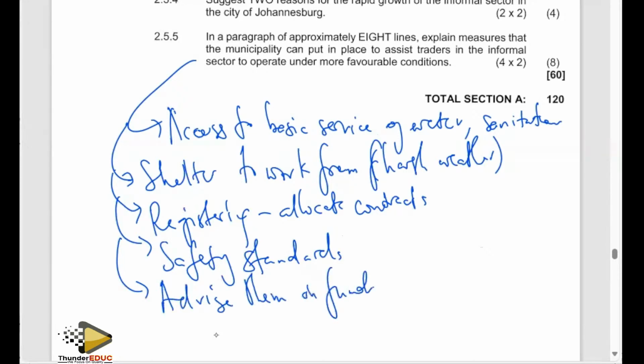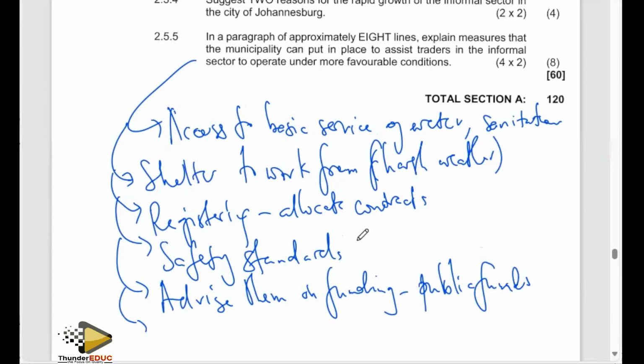Their major challenge is accessing funds to improve their production process and their business operations. So if the municipality also can advise them on how they can access funding, such as maybe public funds, if there's a facility which allows them to borrow money, which they can return after they make some profits in their operations, that will also assist them.